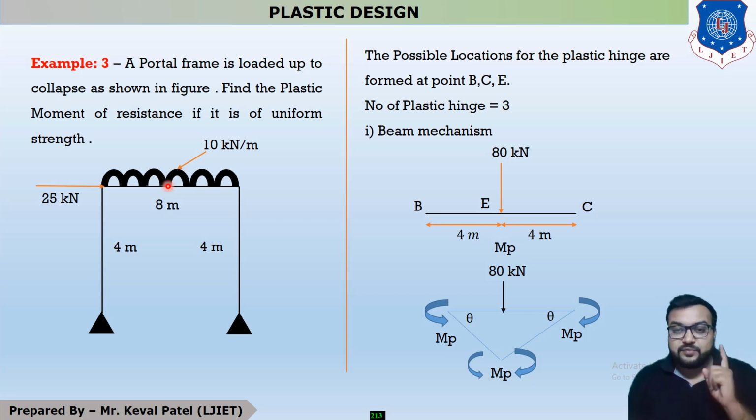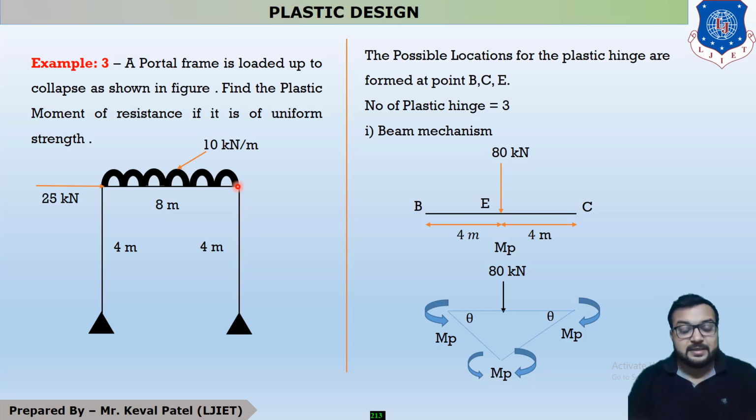Now our first mechanism is beam mechanism, and you all know that this is your fixed support because it is an intermediate support, and this is also your fixed support. Now if both the supports are fixed and UDL is acting throughout the span, then you have to convert your UDL to point load by multiplying it with some length.